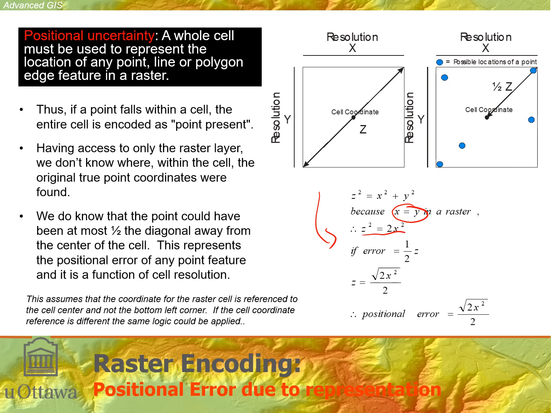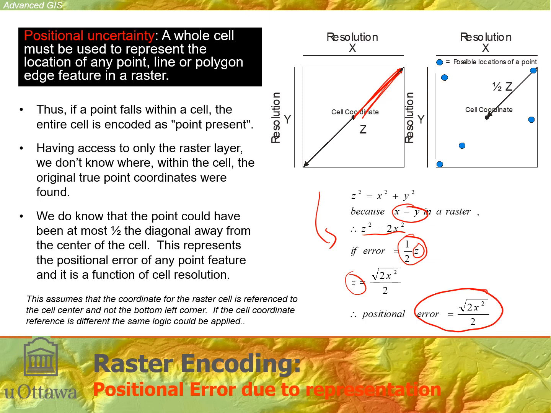And if we take half of the square root of that, then we have the simple equation that z, which is half the hypotenuse, so that's that distance right here, is equal to the square root of 2 times the linear resolution squared, over 2. So that's the equation then for positional error for any raster.